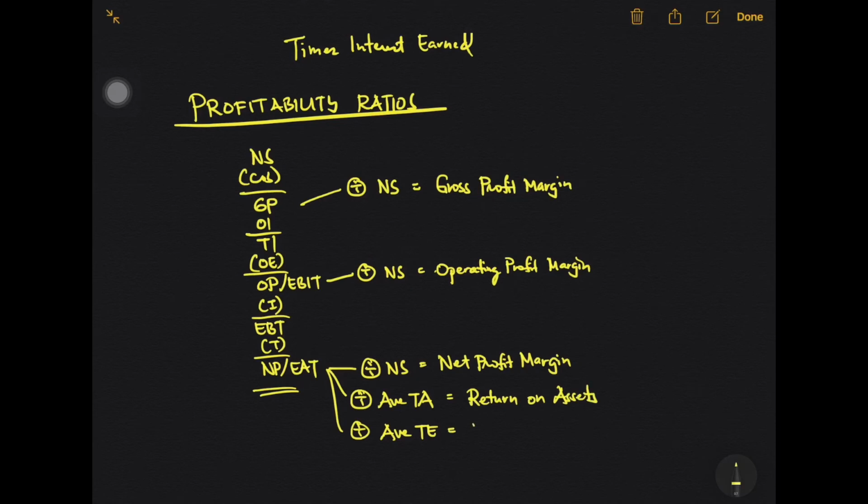And this one is called return on equity. And same with the previous one, this tells you the peso profit that you get for every peso of assets, and that's for return on assets, or equity for return on equity.